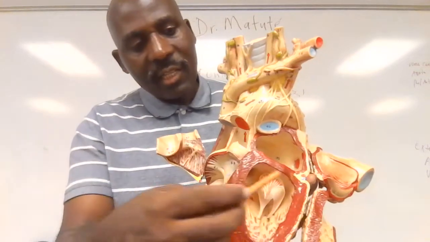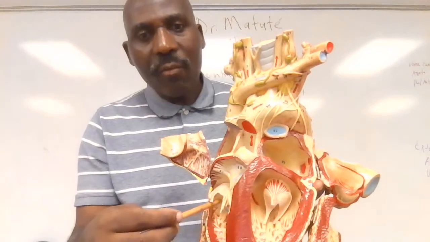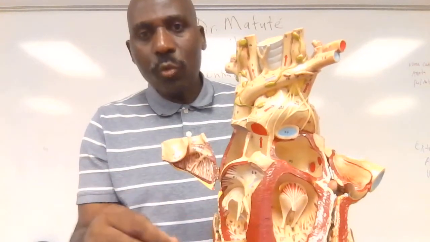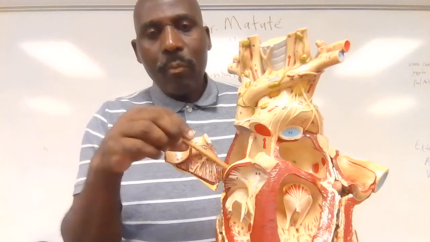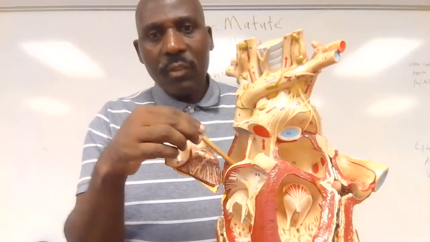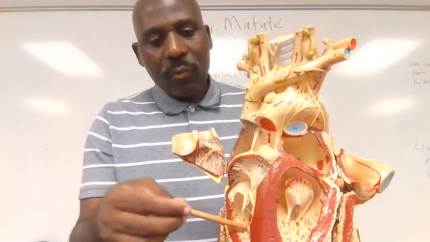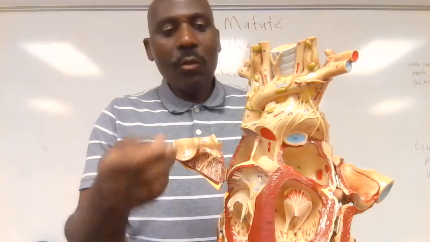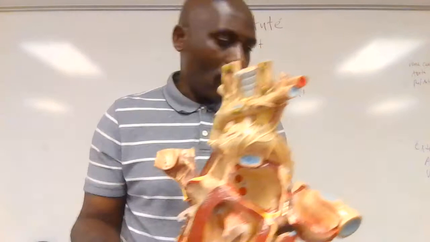So these atrioventricular valves control flow of blood from the atrium to the ventricle, and when they open, blood leaves the atrium to the ventricle. Once that blood has been transferred to the ventricle, they will close to prevent that blood from going back to the atrium that it came from. So they are called atrioventricular, from the atrium to the ventricles.